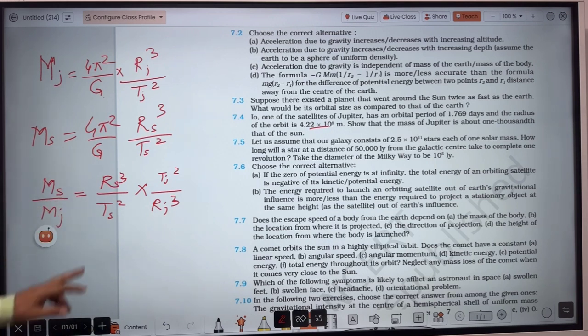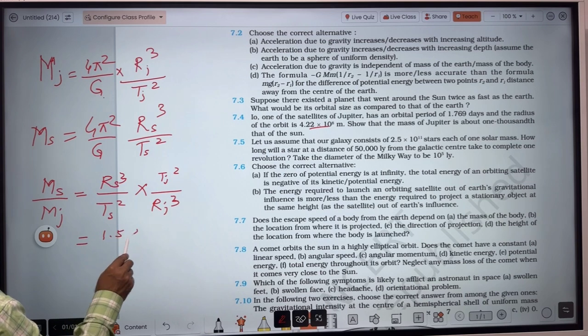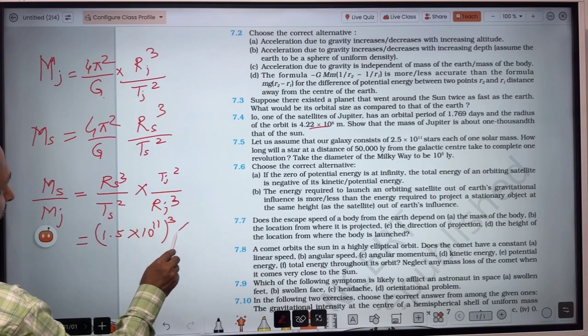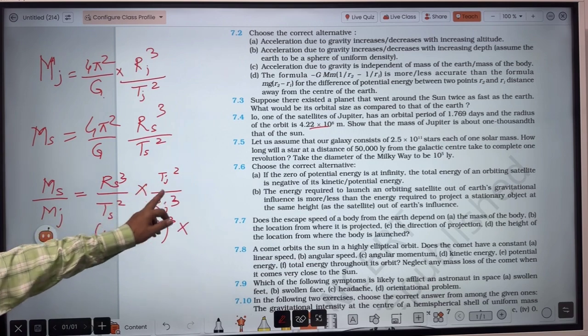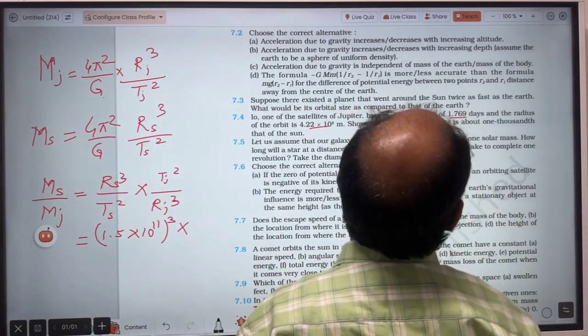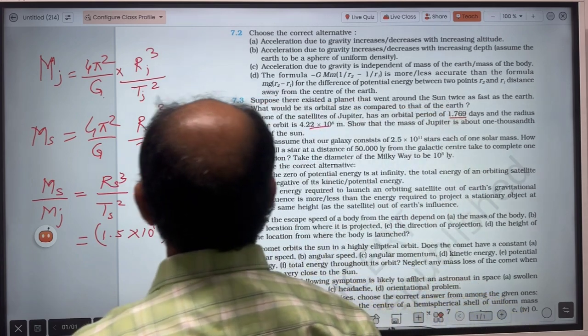Let's put the values. r Sun means distance between Sun and Earth, so that is 1.5 into 10 to the power 11, whole cube. This is time taken by the satellite of Jupiter, 1.769 days.